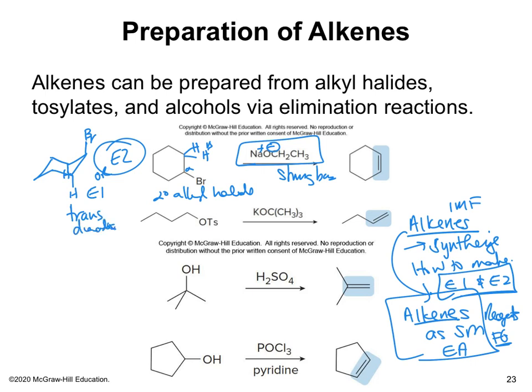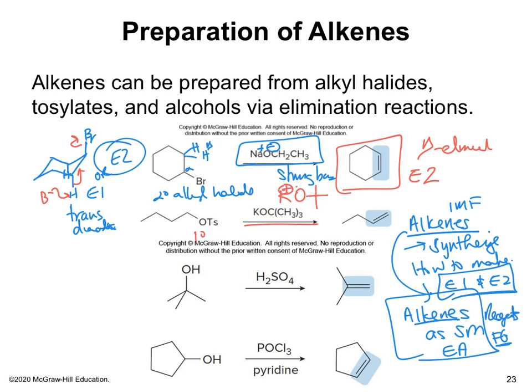So the base can then come in and take any one of these, and you have your beta elimination reaction that gives you your E2 product. Here we have a sterically hindered base. It's a strong base. This is a primary with a tosylate leaving group. There's your alpha. There's only one beta to choose from, so with this strong base, it will choose that and give you this terminal alkene.